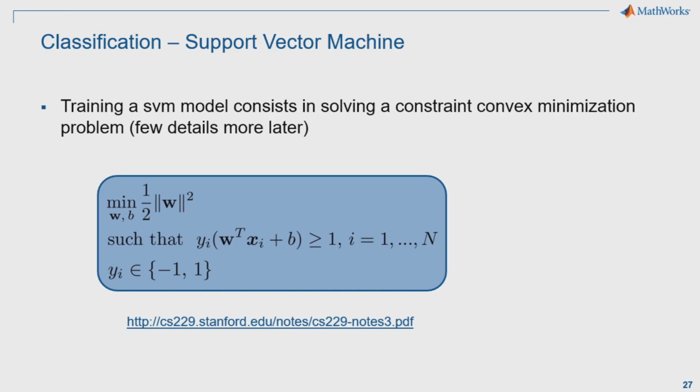You want to minimize the norm of this vector such that the constraint that you see below is satisfied. That means y, which is equal to -1 or 1, depending on which class you are choosing, since it is just a binary classification problem, times the dot product of your weight vector and your data sample plus the bias, is greater than or equal to 1.